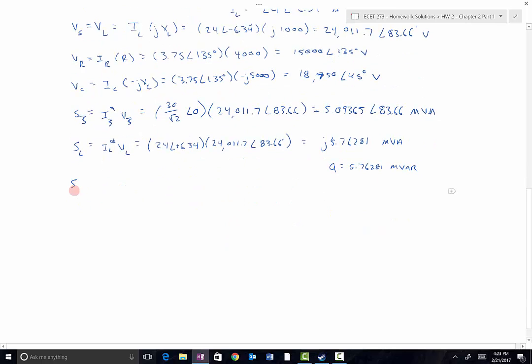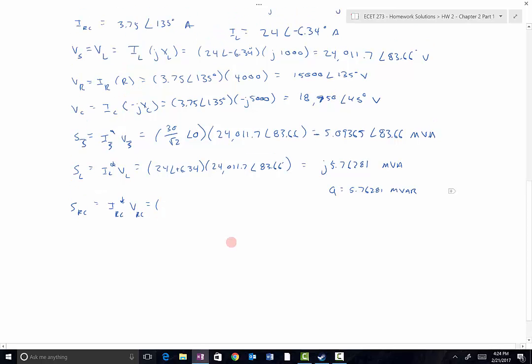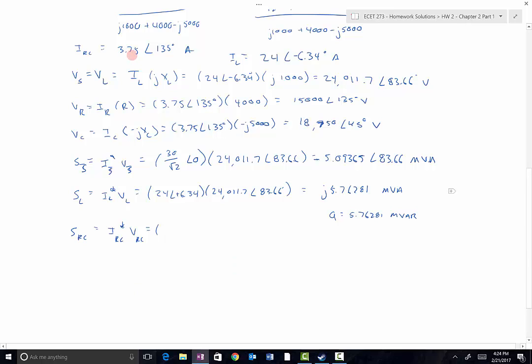So finally, we wanted to know what the S in the RC branch was. That's going to be equal to IRC, the current in the RC branch, times VRC. We've got IRC as 3.75 at angle 135, so its complex conjugate is 3.75 at negative 135.